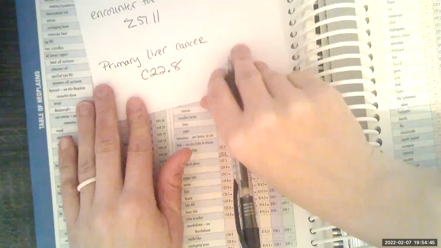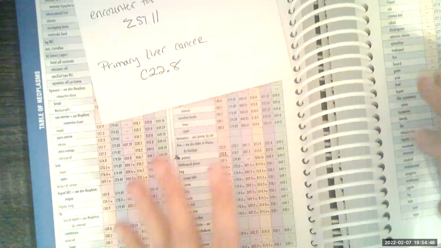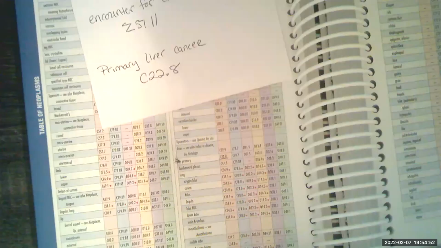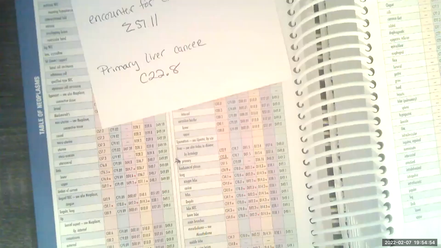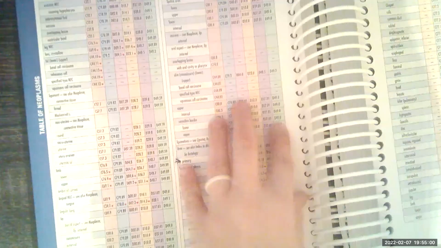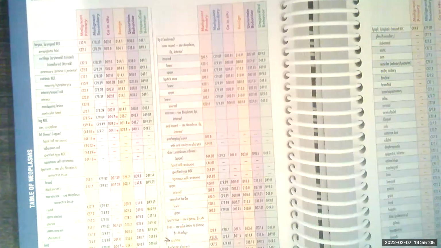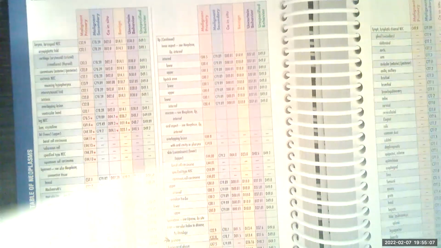So we're going to look at C22.8. Now, if this is overwhelming to you, that's okay. This is all new, but the more you use this chart, the more it's going to make sense, I promise. But to start, just make sure you can find the affected body part, and then we'll get into primary, secondary, all of that. Right now we're going to look at C22.8.